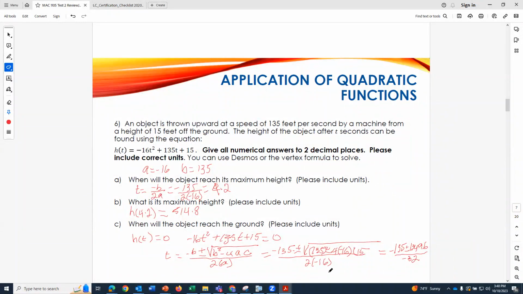One answer will be t equals negative 135 minus 134.96 over 32, or the other answer will be t equals negative 135 plus 134.96 over 32.